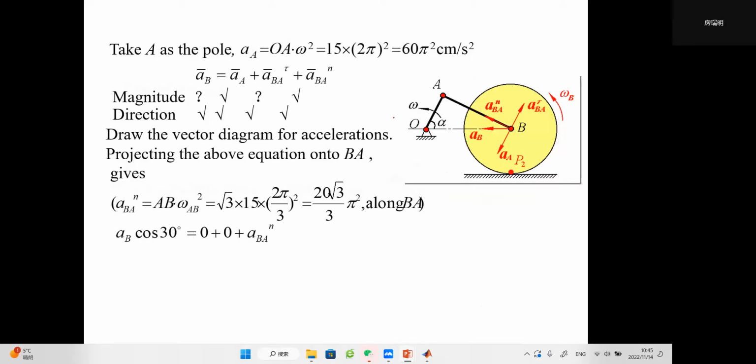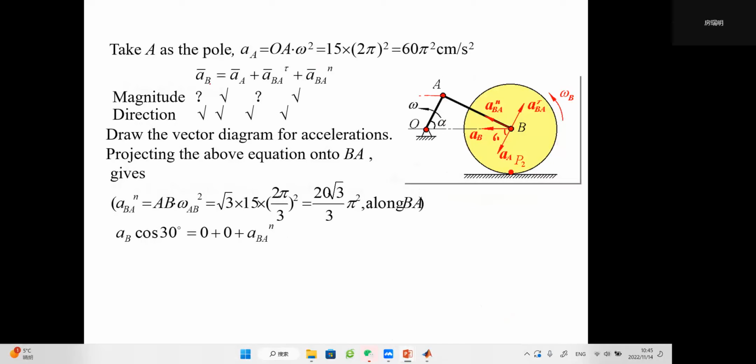So actually we know OA has a constant angular velocity, so the acceleration of point A will only have a normal part. So this is omega squared times OA, and we have this result, AA along this direction, just like this. So if we draw an AD line, because alpha is 60, actually this is 60. You know, here is 60.